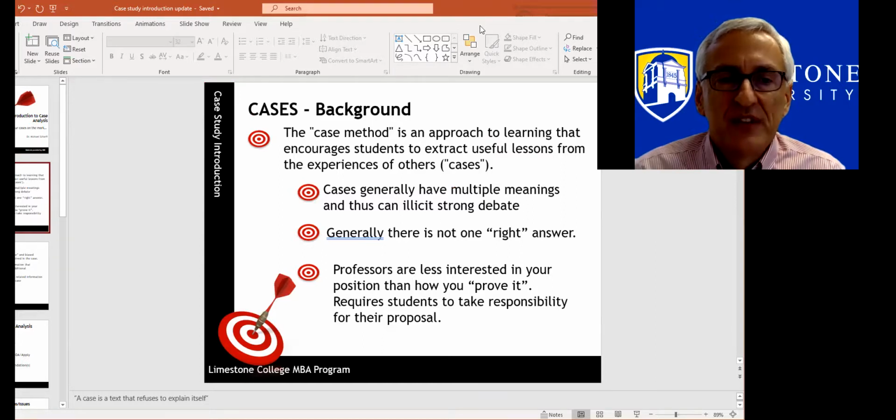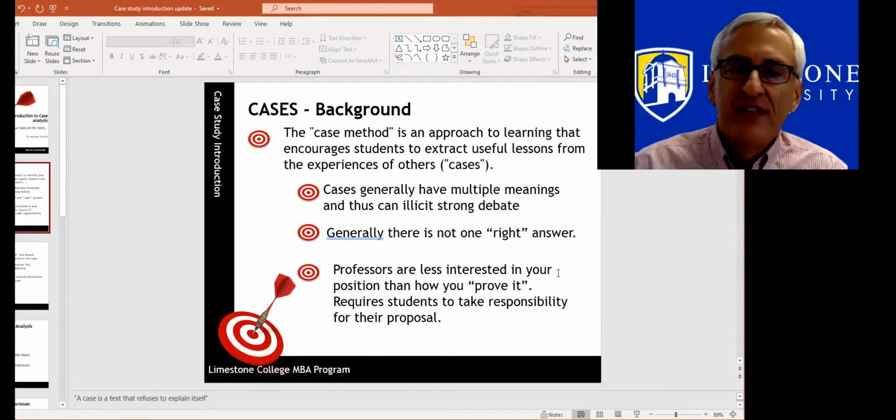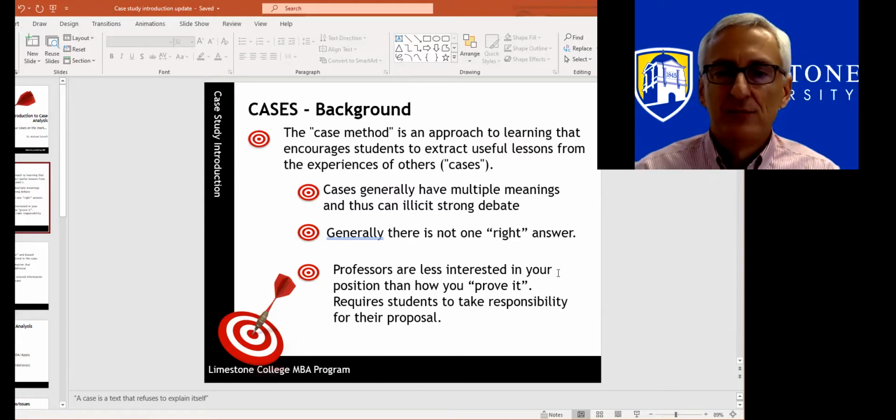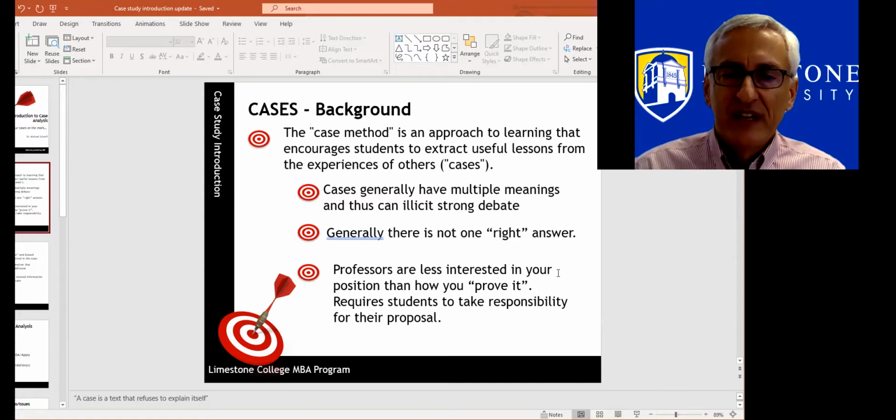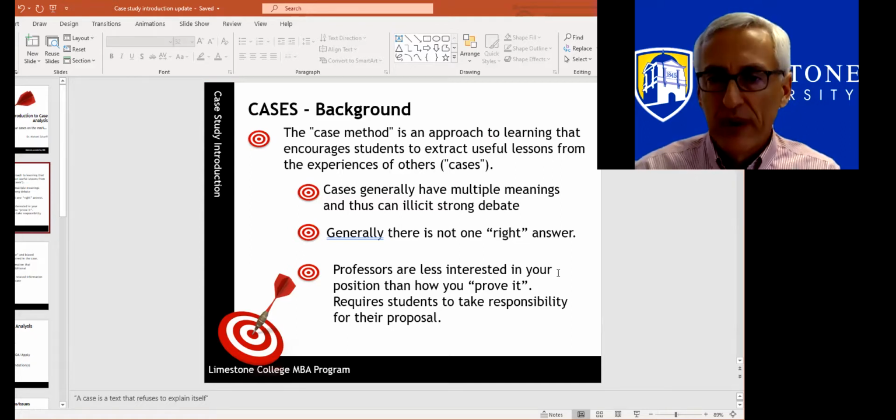I will say this final bullet down here is true: professors are less interested in which right answer you come up with than, as I put here, how did you prove it? Really, it's how you support your recommendation. What background do you have that supports why the company should do what they're doing?